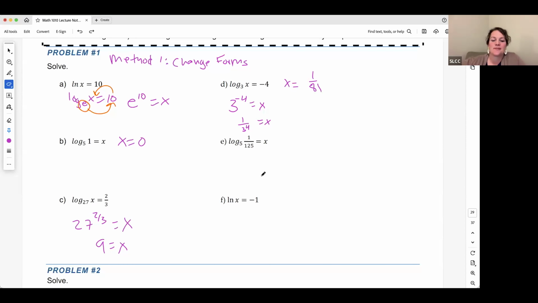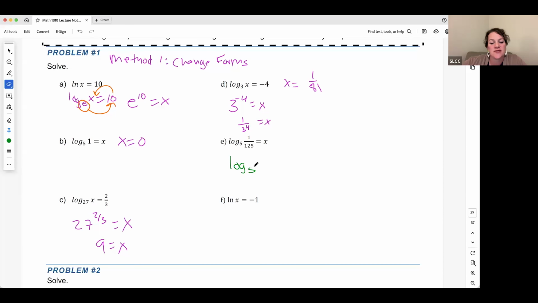Let's look at E. Notice x is already isolated. We've already got x alone, but is there a way we could clean this up a little bit? That brings us to method 2. So method 1 is changing forms, which in B and E we don't need. Method 2 is undoing. Can I make these two things the same base?